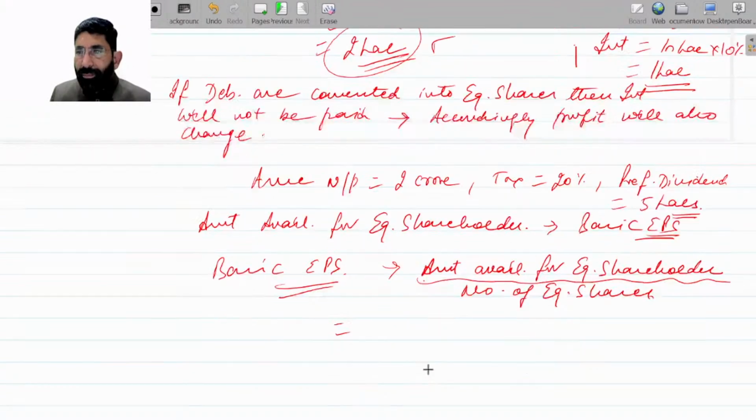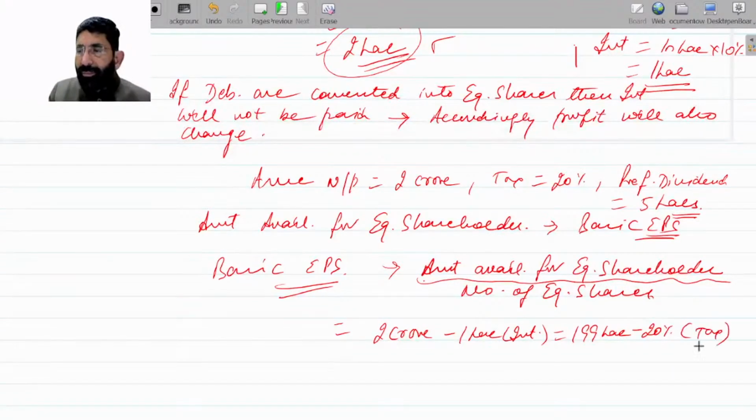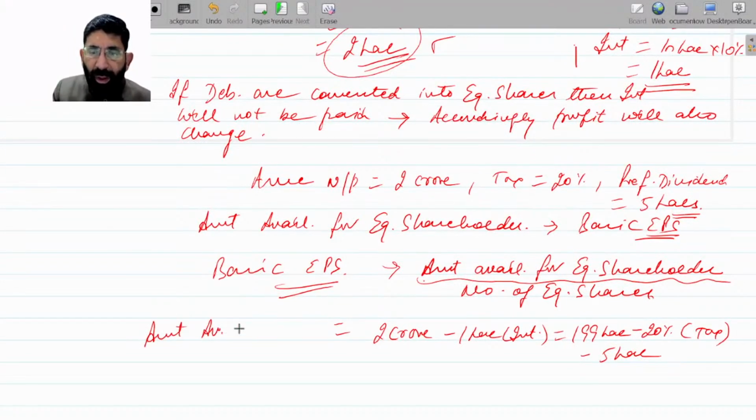It will be 2 crore minus 1 lakh, that is interest. So this is 1 crore 99 lakhs, minus 20% tax, minus preference dividend 5 lakhs. So this is the amount available for equity shareholders.